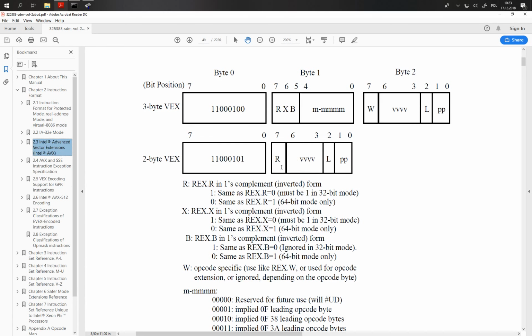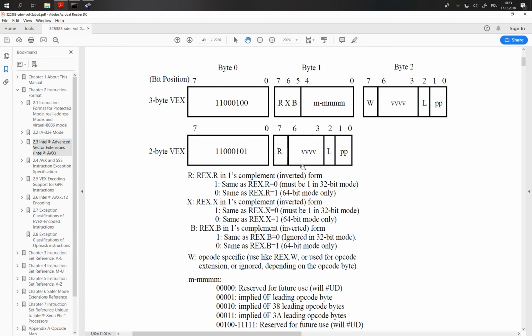In this case, this is R and the highest bit of V, the additional register, because AVX instructions allow 3 operand instructions, something they also call non-destructive source.